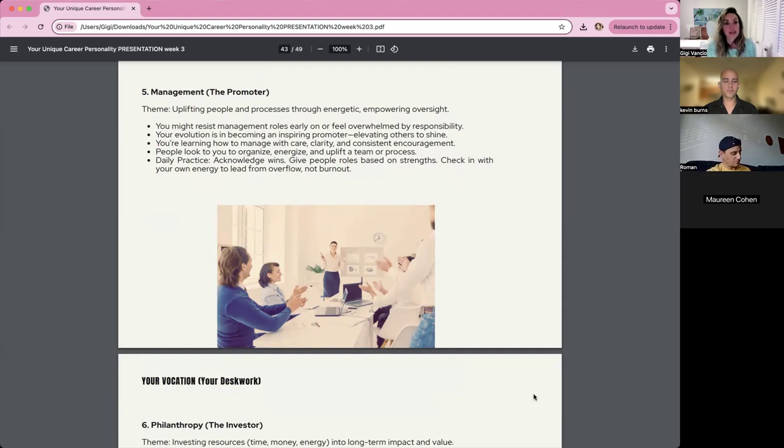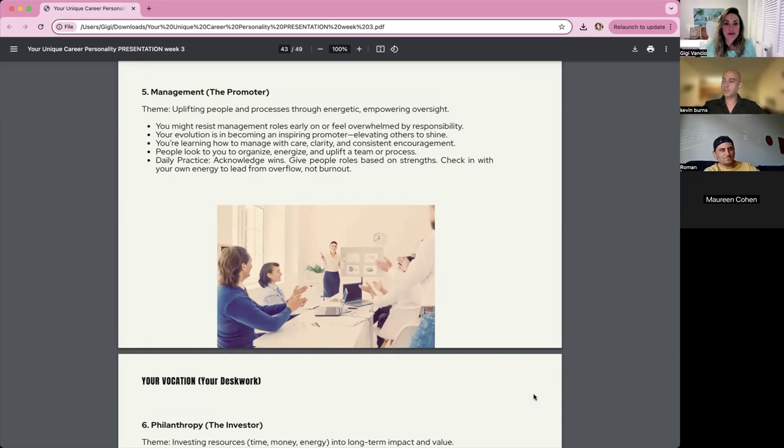The theme of management is uplifting people and processes through energetic, empowering oversight. Starting out, you might resist management roles early on or feel overwhelmed by responsibility, but the evolution is in becoming an inspiring promoter, elevating others to shine.